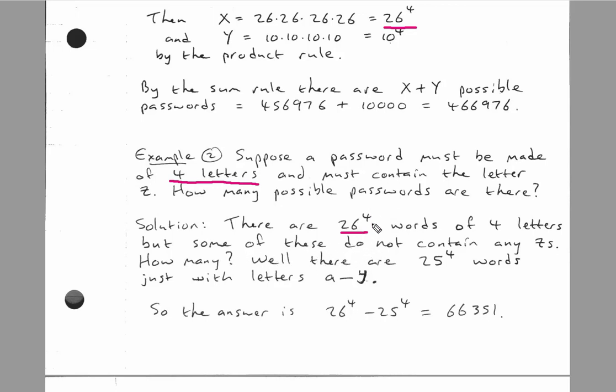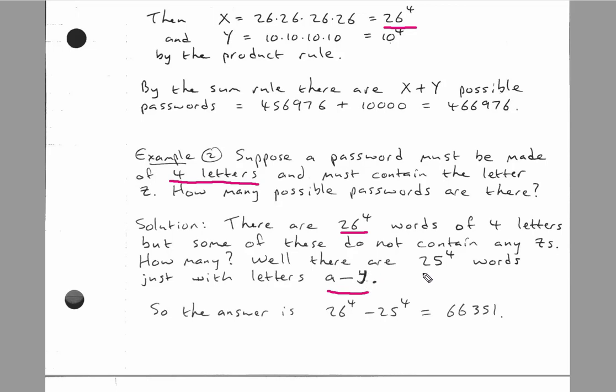So this 26 to the power 4 overcounts by how many? So what are the bad passwords in here? Well, any password that does not contain a Z. If it's made of 4 letters that are A through Y, then that's not what we want.